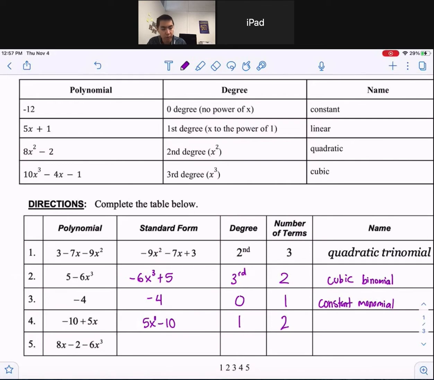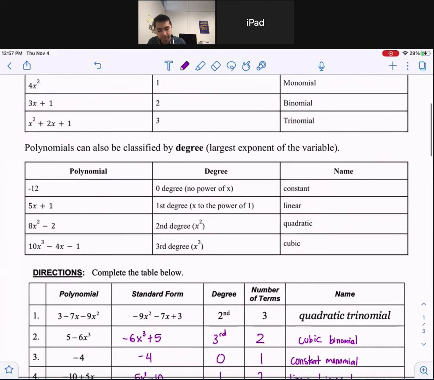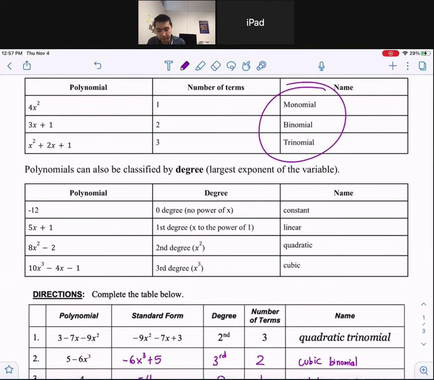If you have a degree of 1, that's what we call a linear, and the number of terms is 2, which is another binomial. So write the degree name first, and then write your term name. So degree and then term.